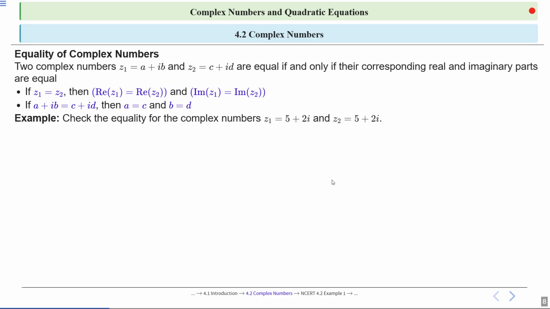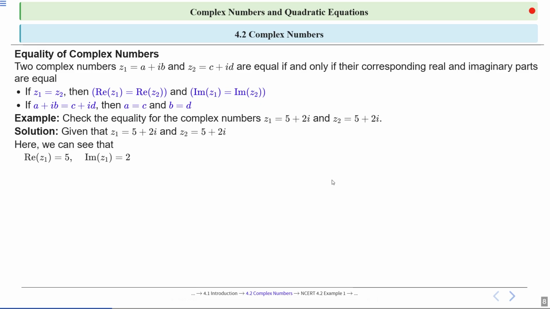Now let's look at an example to make this clearer. We will check if the complex numbers z1 equal to 5 plus 2 iota and z2 equal to 5 plus 2 iota are equal. This will help us apply the rule we just learned. We will compare their real and imaginary parts step by step.